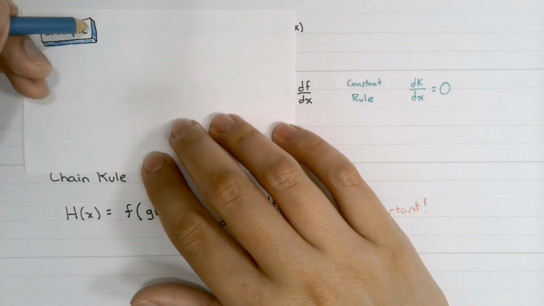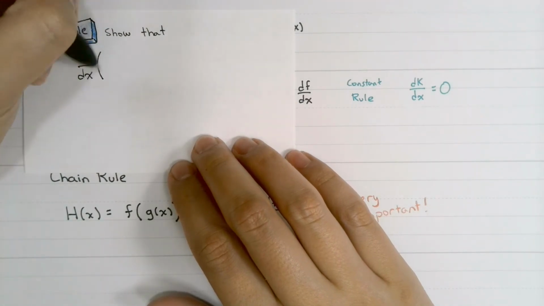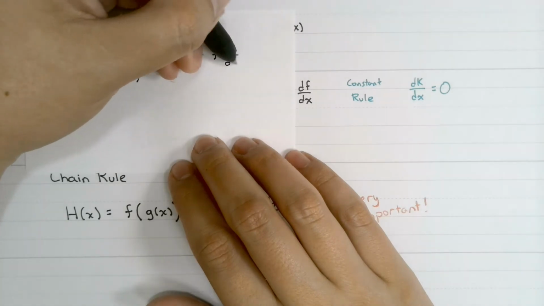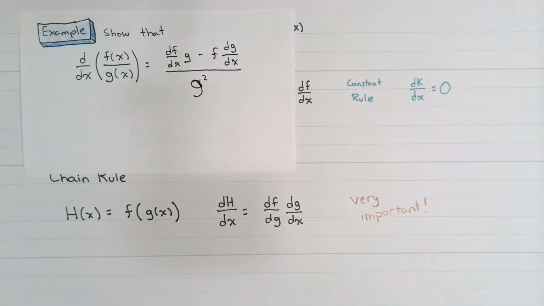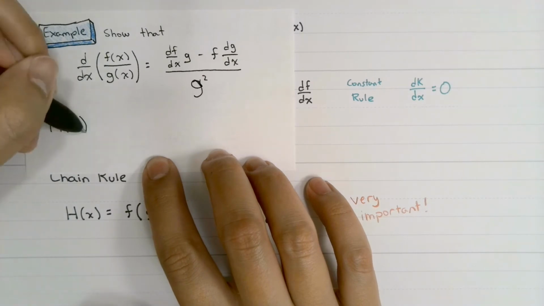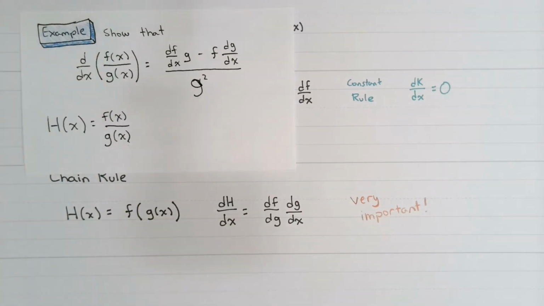For example, let's show that the derivative of f over g, where f and g are both functions of x, is equal to g times the derivative of f minus f times the derivative of g divided by g squared. In this case, our function h is simply f over g, where f and g are both functions of x.